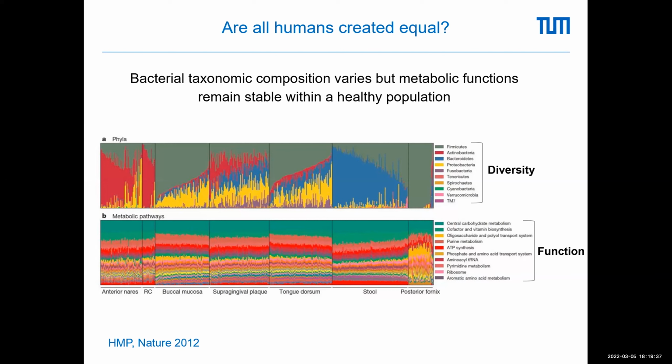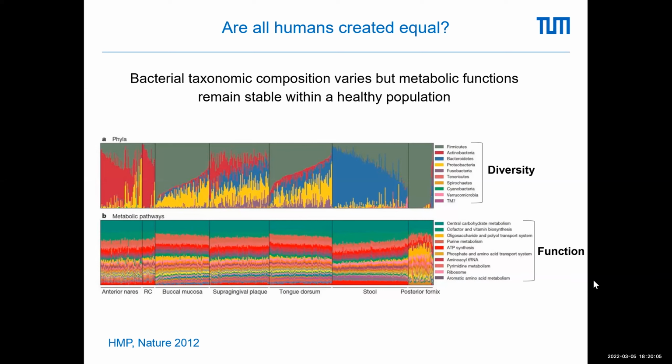However, in the late 90s, there was the genomic revolution. So there have been a lot of studies using next generation sequencing, so shotgun metagenomics or 16S rRNA gene sequencing and other methods to study the human microbiome.